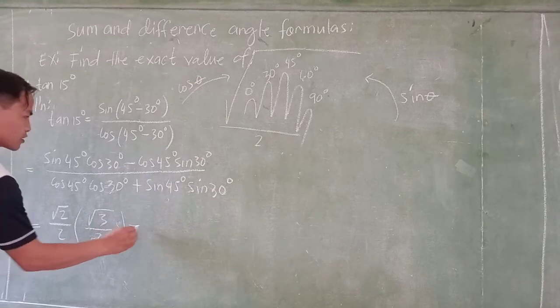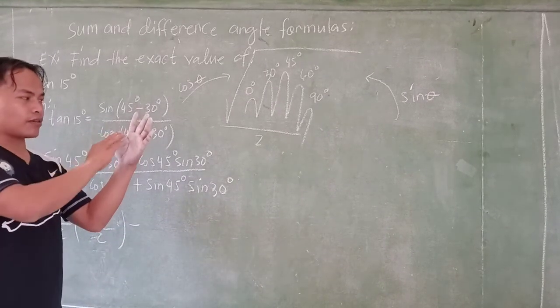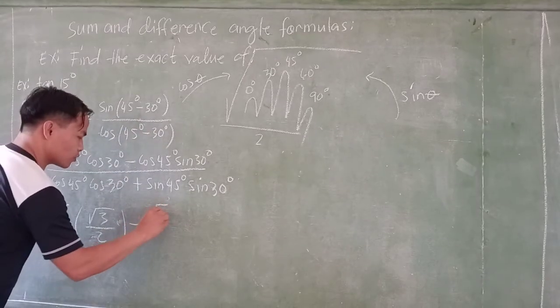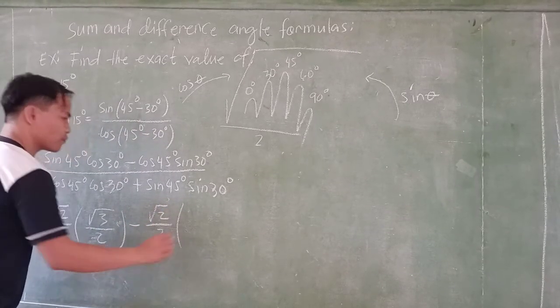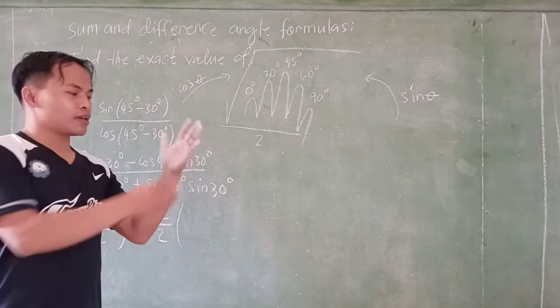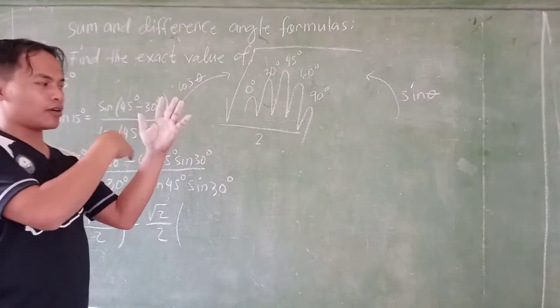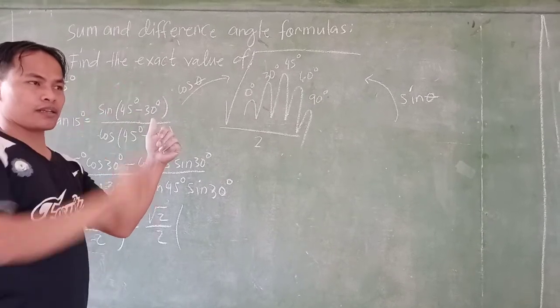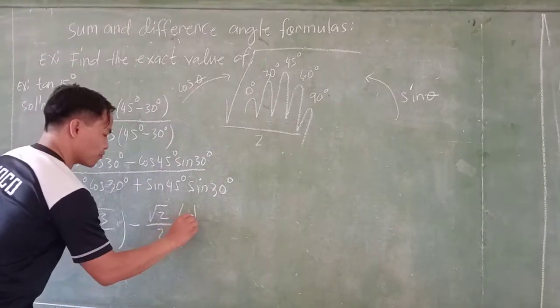Minus cos of 45, 0, 30, 45, 1, 2. So we have square root of 2 over 2 times sine of 30, 90, 60, 45, 30. Square root of 1 is 1, so we have 1/2.